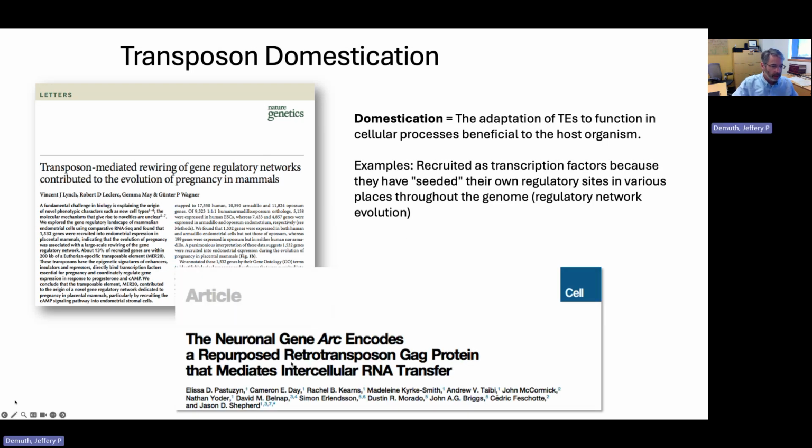And then it's a very similar story for neuronal genes. So maybe even affecting big brains or complex neuronal networks in human evolution.